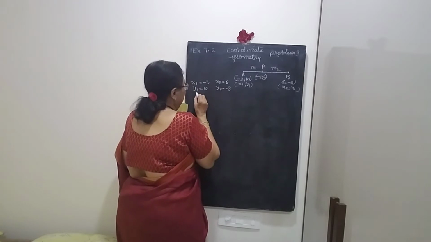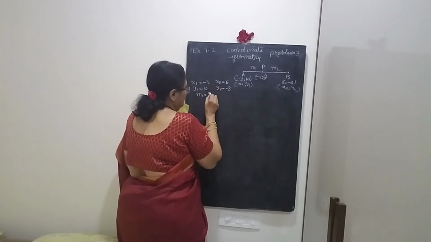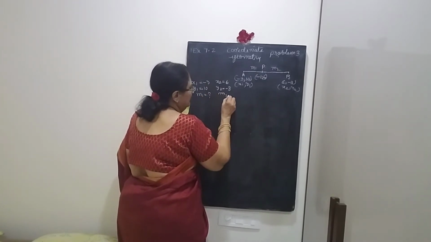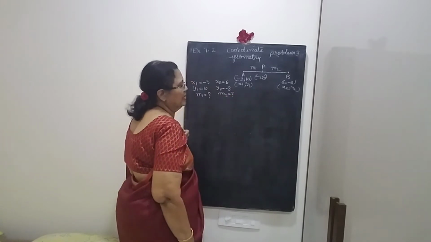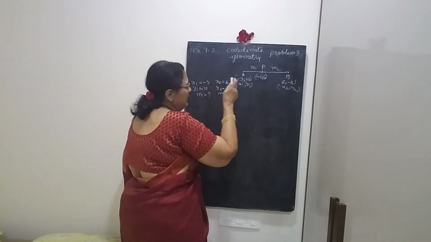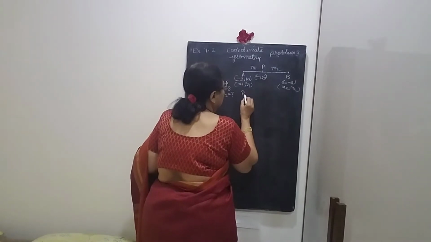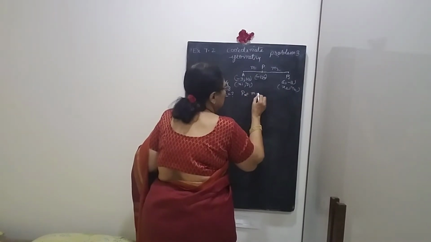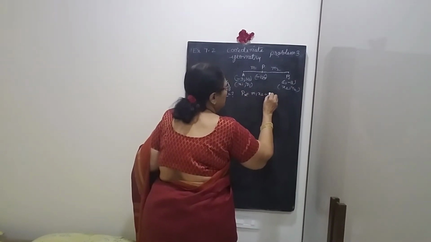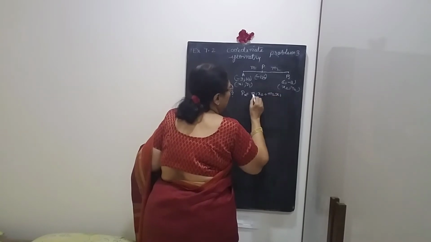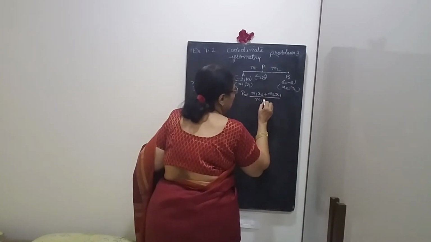So, M1 is a question mark, M2 is a question mark. You have to find out. What is Px? Px is (M1 x2 plus M2 x1) by (M1 plus M2).